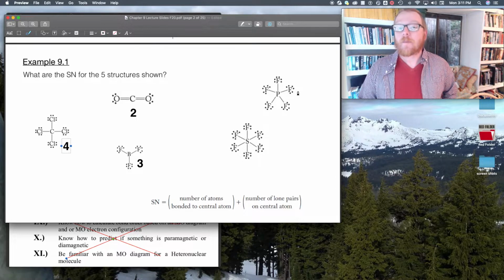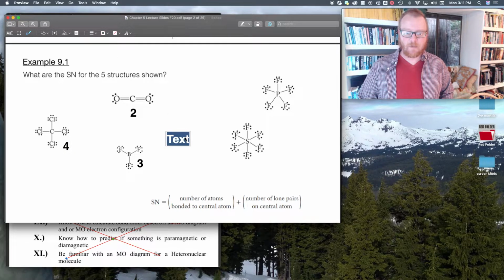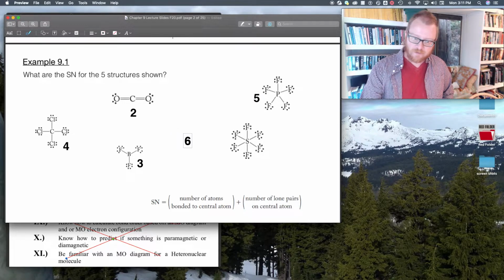Phosphorus pentafluoride, 1, 2, 3, 4, 5, is going to have a steric number of 5. Okay, and then this sulfur hexafluoride is going to have a steric number of 6.